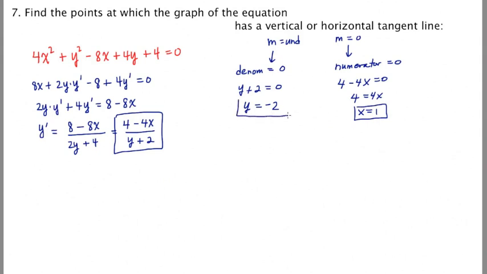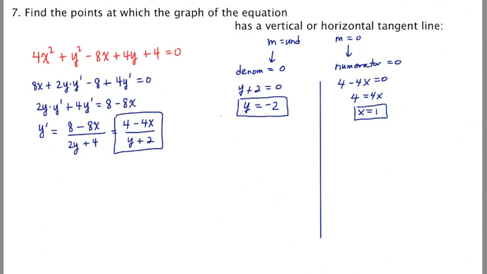Now, if we look at the question again, it says find the points, so they probably want an ordered pair. So what I think I'm going to need to do is plug these in to get the corresponding x or y value. So let's do that.